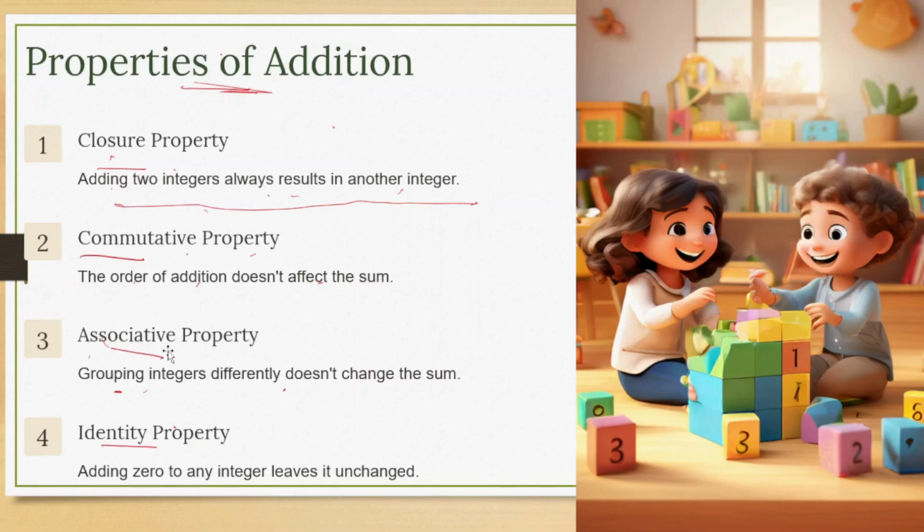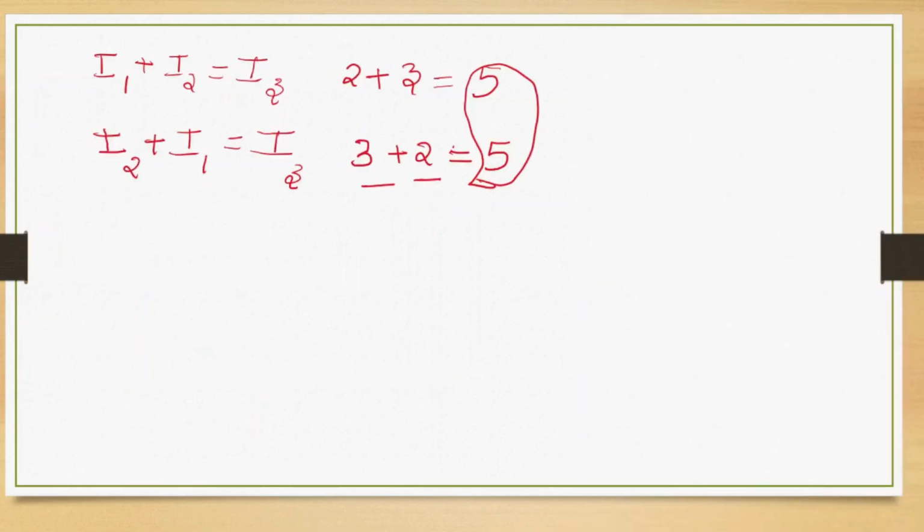Next comes the associative property. Grouping integers differently does not change the sum. What does it mean? Grouping integers.